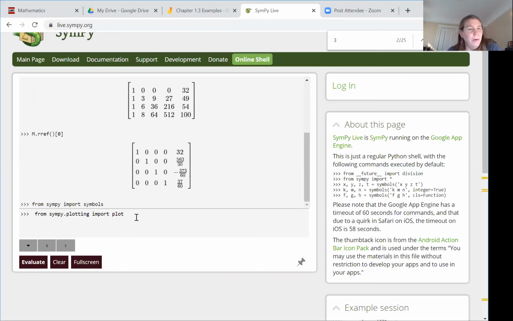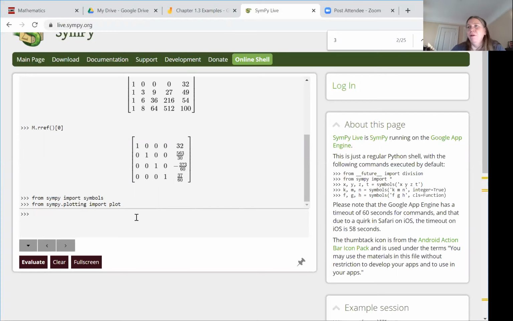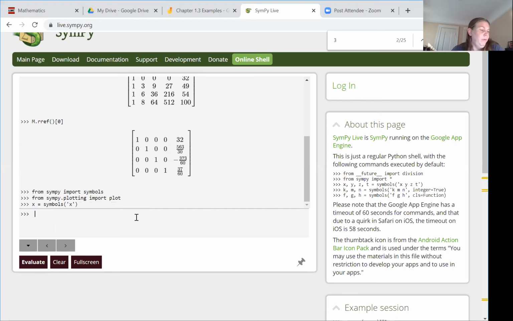So the next command I put in is from sympy.plotting import plot. These are libraries I'm bringing in to do the plotting for me. And then I want to let x be a symbol now, not a letter or character. So I am going to type x equals symbols, and then in parentheses and in quotes, I put the x. That's going to be my input in my polynomial.